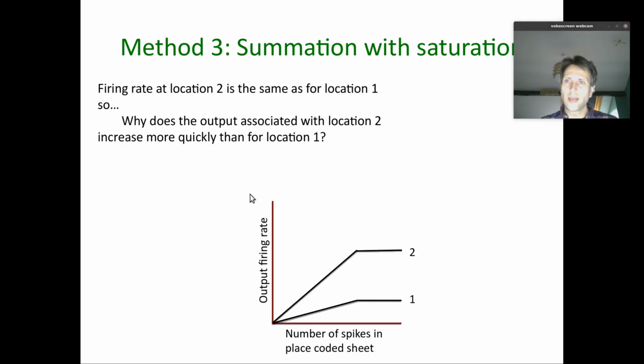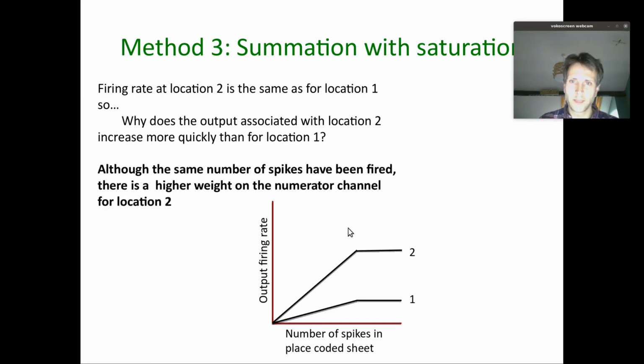And then we have the same sort of thing. We say there's the same firing rate at location 2 as for location 1. So why does the output associated with location 2 increase more quickly than for location 1? The answer is the additional weight on that channel for location 2.